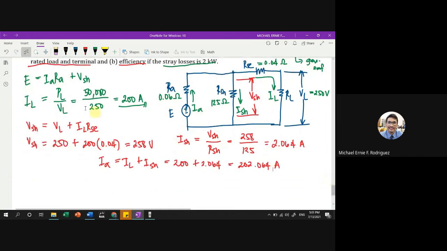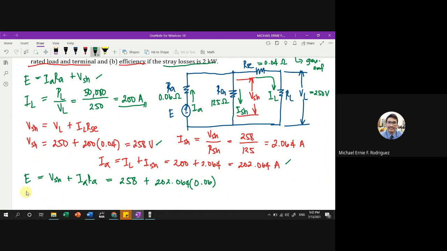Okay. So after that, we solve now for the generated EMF or the induced voltage. So E, lagay ko yung formula. Okay, pwede ang ganito, VSH plus IARA. Okay. So VSH, na-solve natin yan, ito, 258 volts plus IA, na-solve natin yung IA, ito, 202.064 times RA, ayan, 0.06.